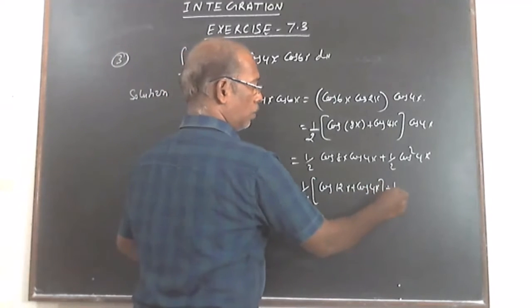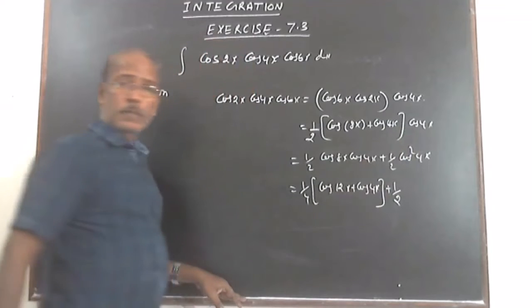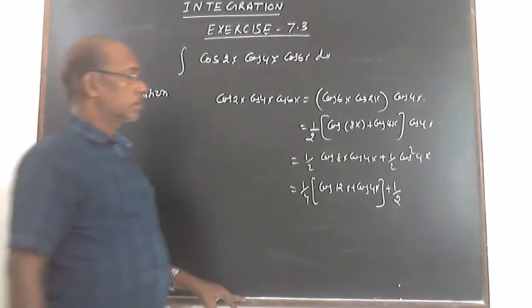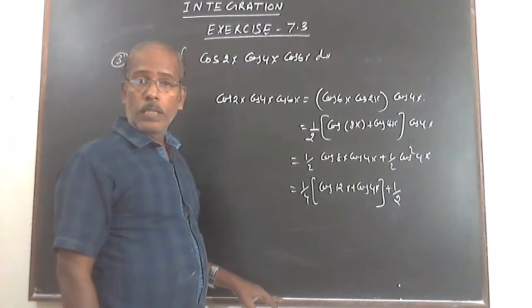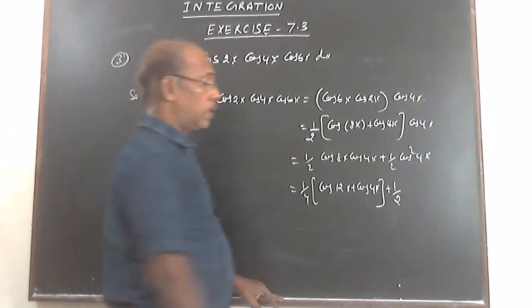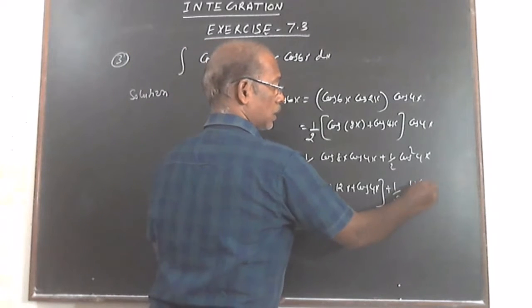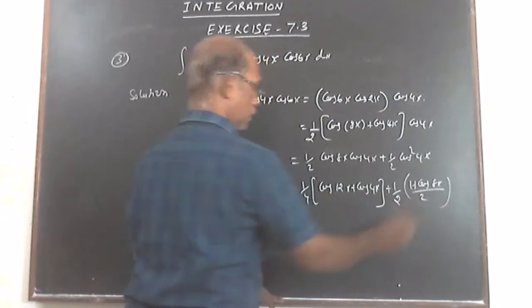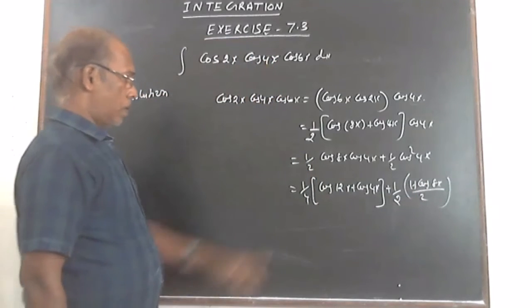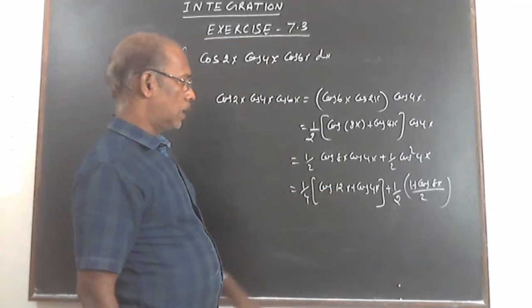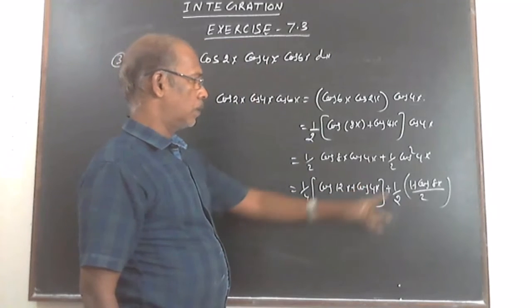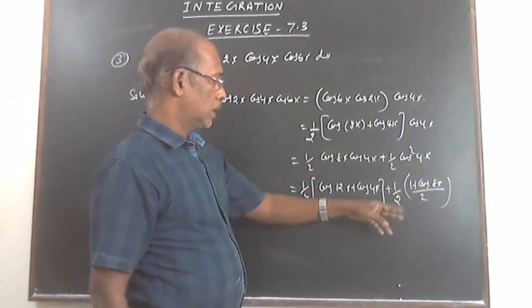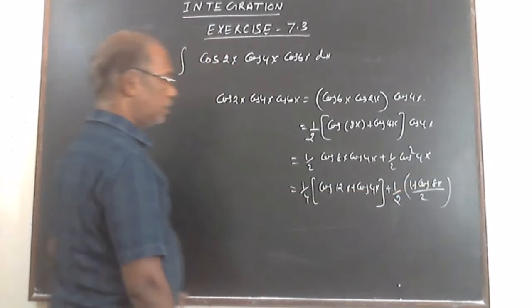To convert cos square, second degree, into linear, use the formula cos square theta equals (1 plus cos 2 theta) by 2, so (1 plus cos 8x) by 2. Overall, 1 by 4 cos 12x, 1 by 4 cos 4x, 1 by 4 cos 8x and 1 by 4.